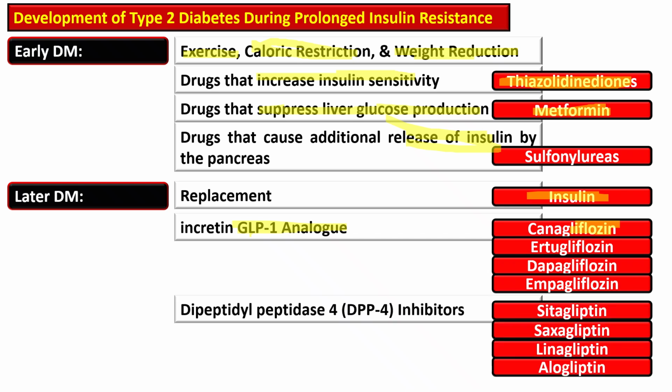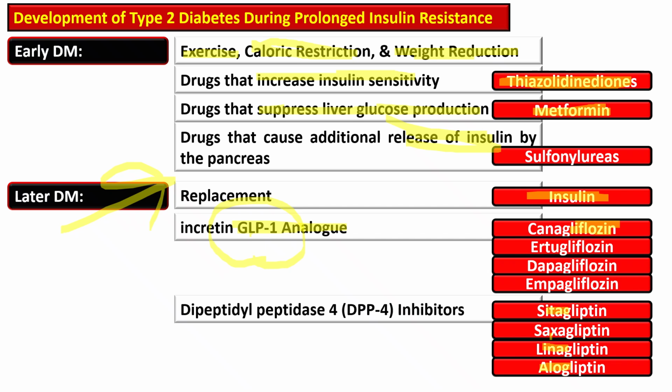And then DPP4 inhibitors such as sitagliptin, saxagliptin, linagliptin, and alogliptin block the enzyme that degrades GLP-1 and GIP, prolonging their insulin stimulating effect.